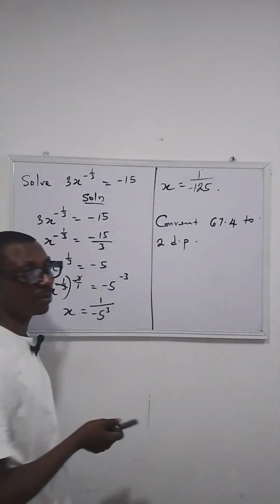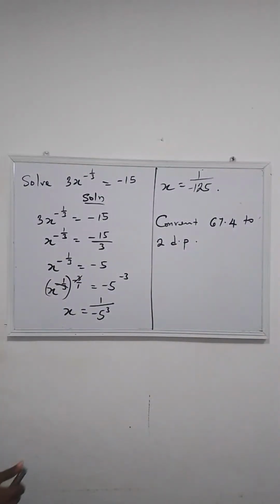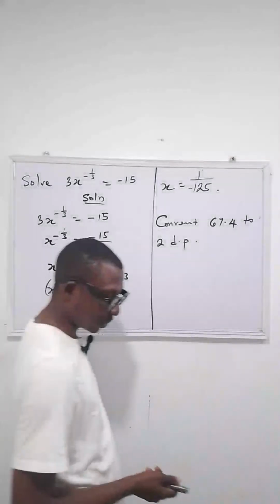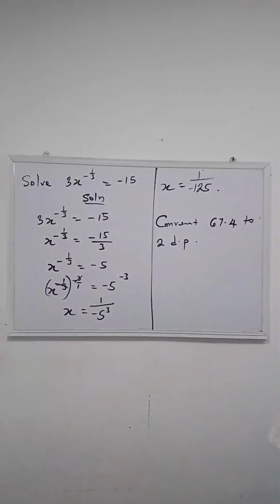If it is possible, let me know. If it's not possible, let me know. So if it is possible, drop your answer. If it's not possible, let us know. Okay, so yes, I want you to drop your answer. Convert 67.4 to 2 decimal places.